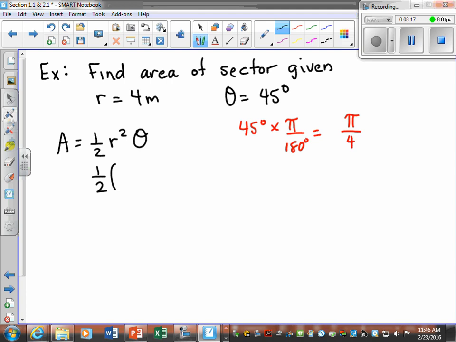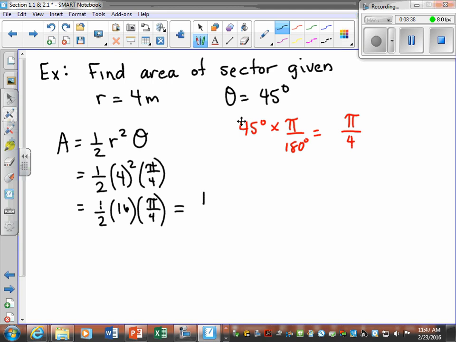Radius is 4, so 4 squared, and theta ends up being pi fourths. So 1/2 times 16 times pi fourths would just give us 16 pi over 8. So that's just going to end up being 2 pi, which is approximately 6.28. And since it's area, we'll say meters squared.